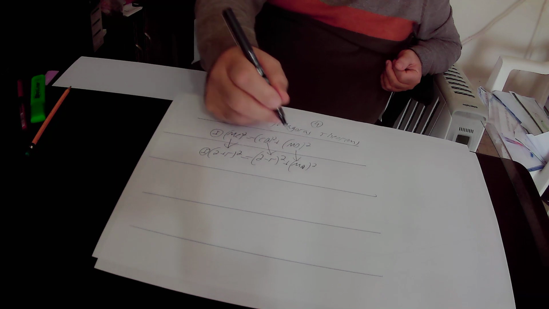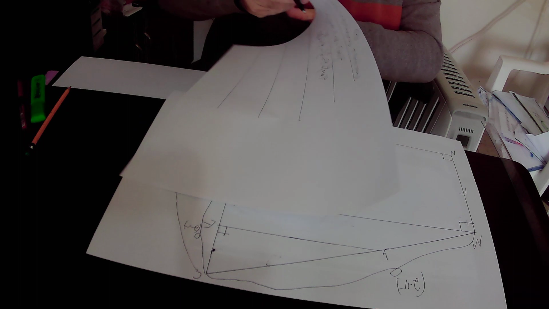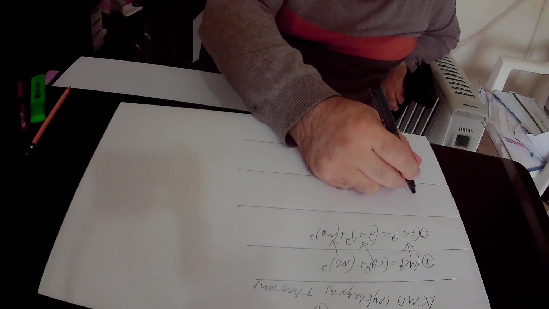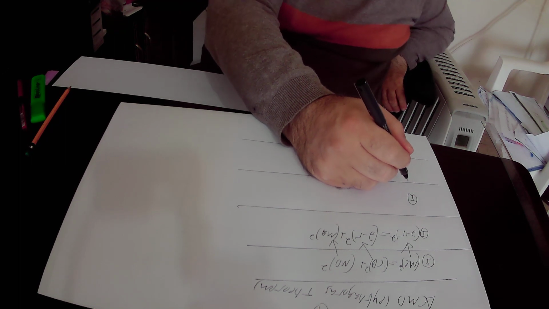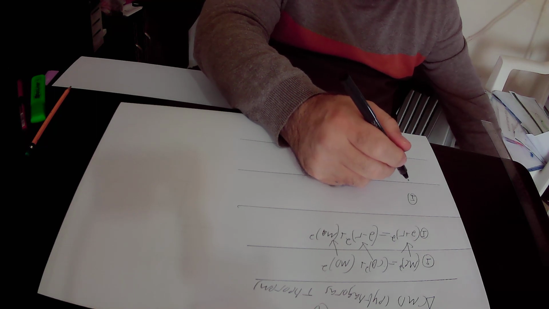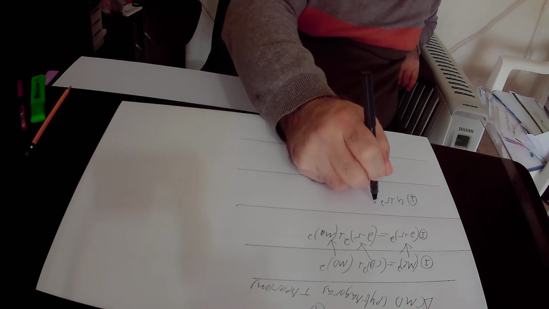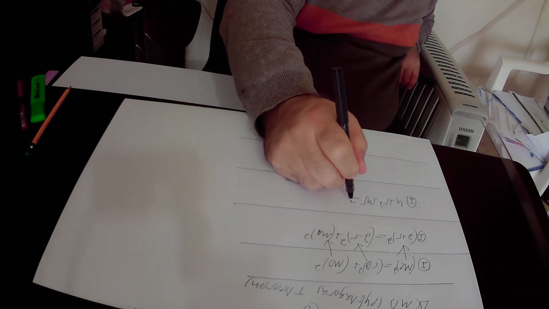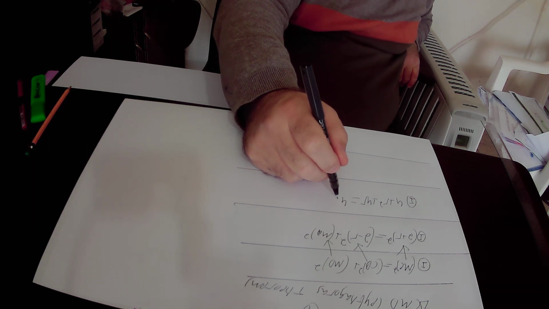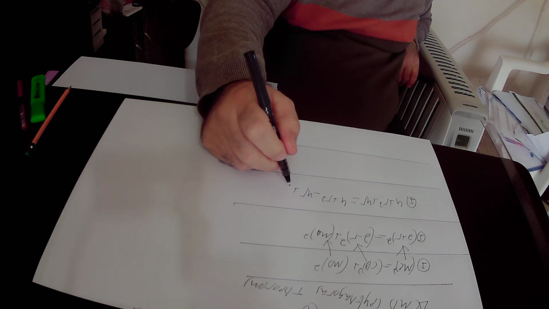Here we will open the brackets on both sides of equation number 1 and we will get that (2 plus R) square is 4 plus R square plus 4R, and it equals (2 minus R) square, which is 4 plus R square minus 4R, plus MD square.